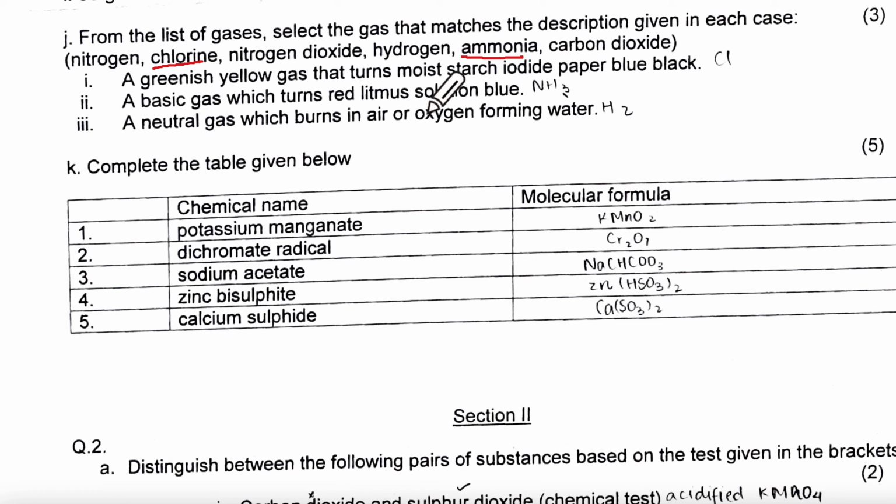Neutral gas that burns in air or oxygen forming water will have to be hydrogen, correct? It burns in air forming water, so it cannot be oxygen, right? Oxygen cannot combine with oxygen forming water. Understanding?